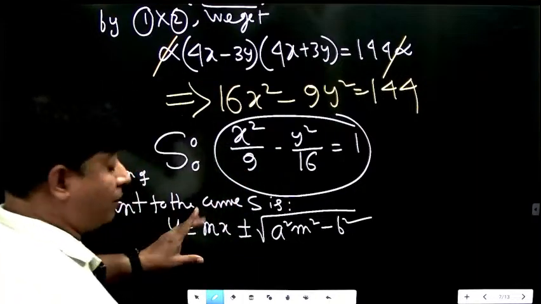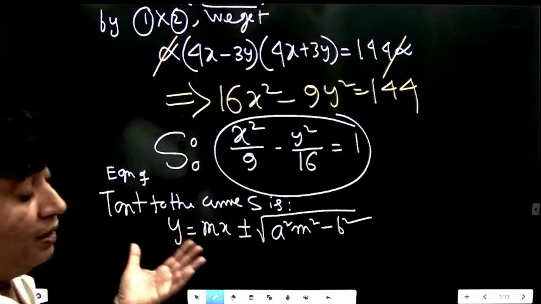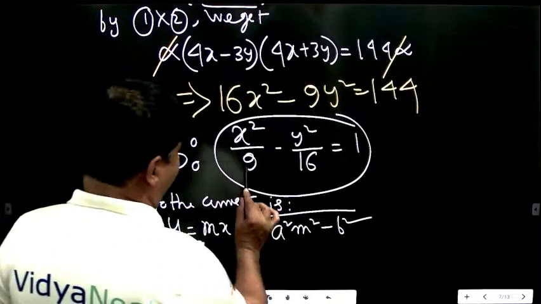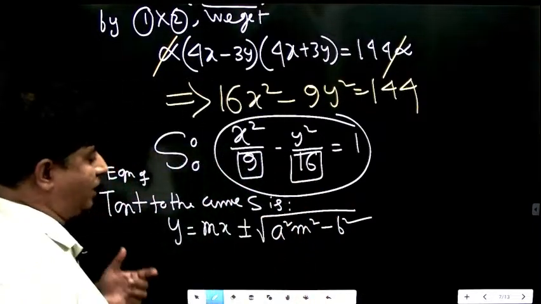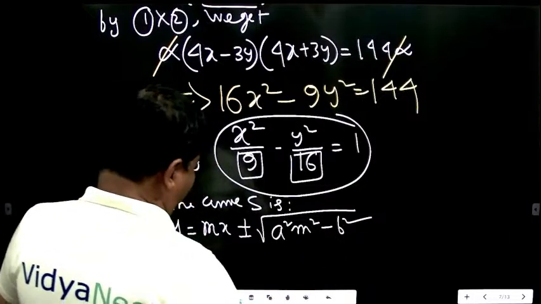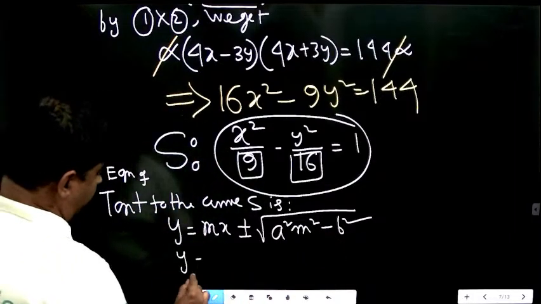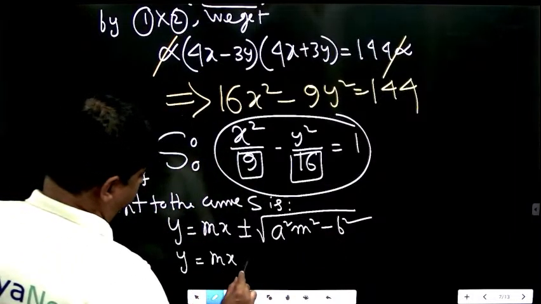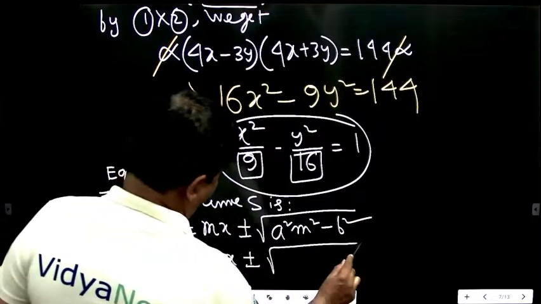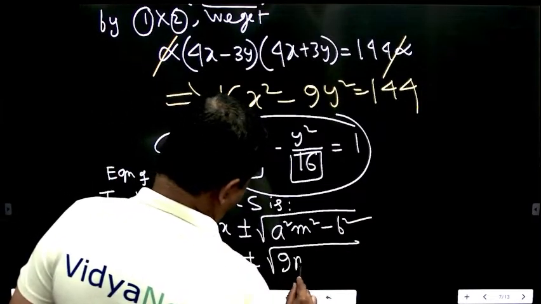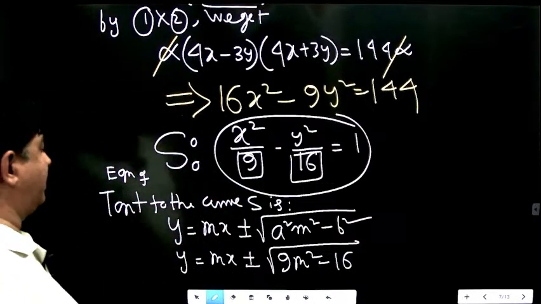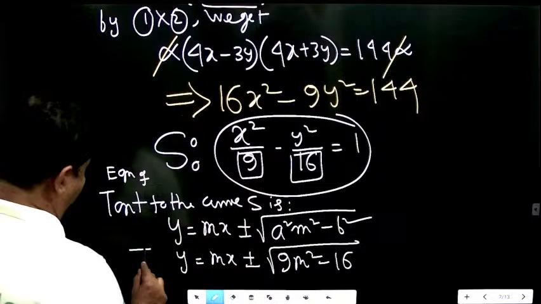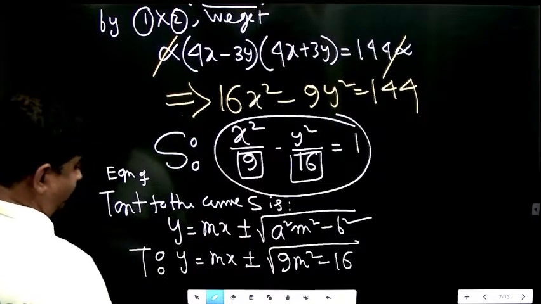Now, you can ask me from where we get m and what is a and b. a square we know is 9, b square is also 16. So first we can put that. 9m square minus 16. That is tangent T.